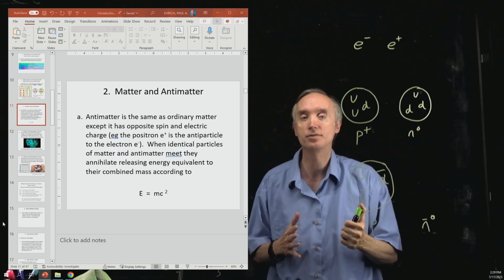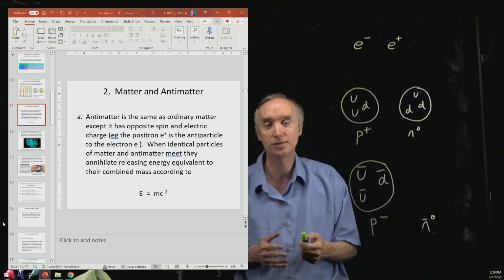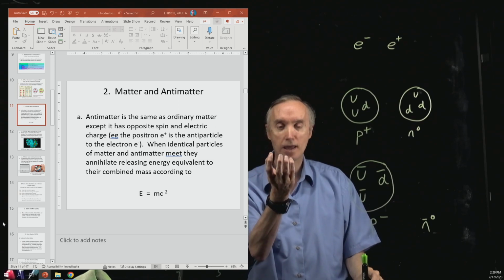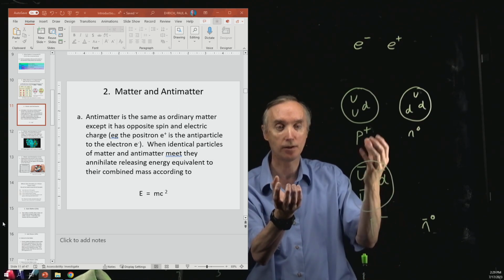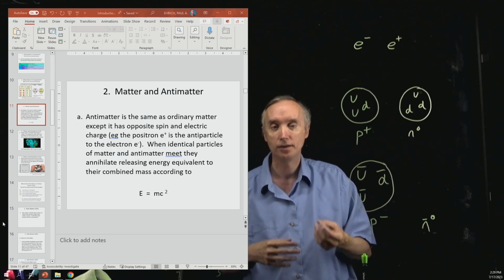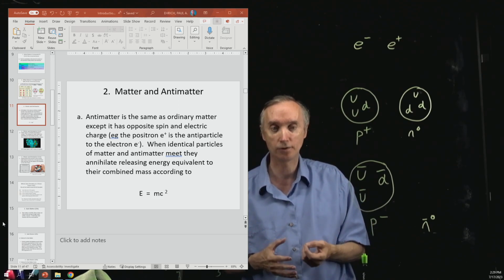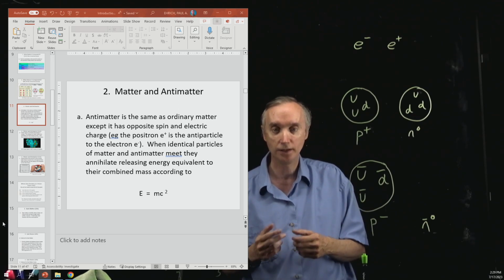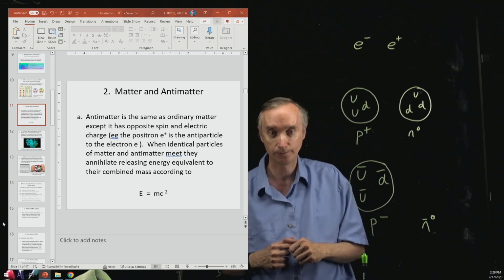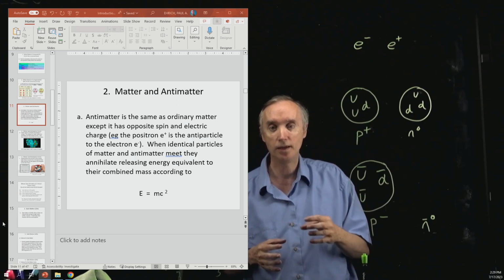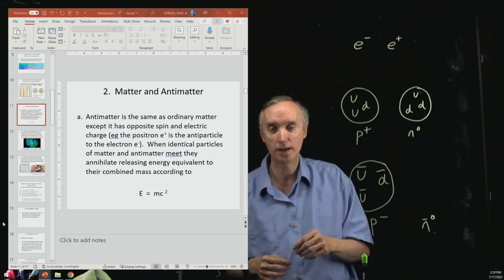Now, what happens when matter meets antimatter? If an antiproton and a regular proton come together, what's going to happen to them? They're going to turn into pure energy. And this is given by Einstein's famous equation, E equals mc squared, where E is the energy that would be released, and m is the total mass.